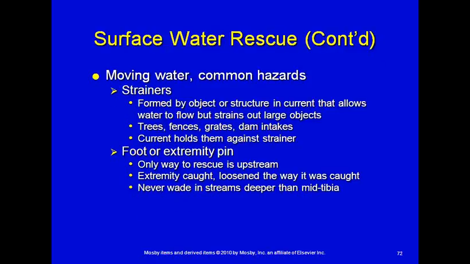Strainers are formed by objects or structure in the waterways that allow water to flow through but catch large objects. Strainers include trees, fences, grates, dam intakes, and the current will hold people that have drowned against a strainer for obviously long periods of time.